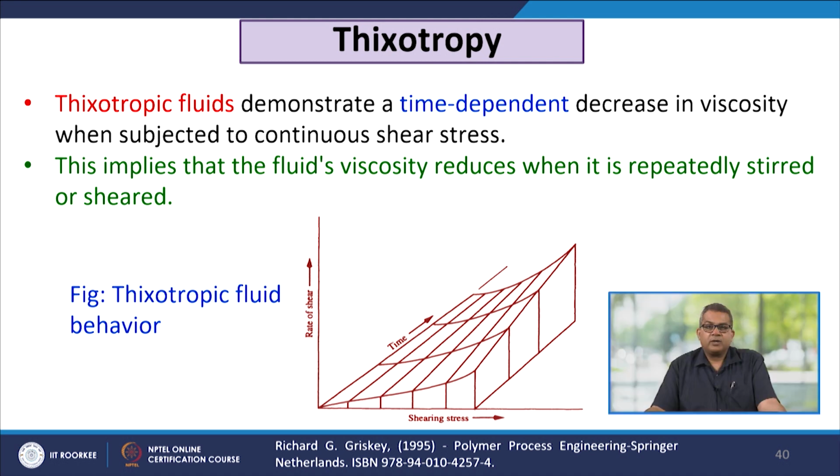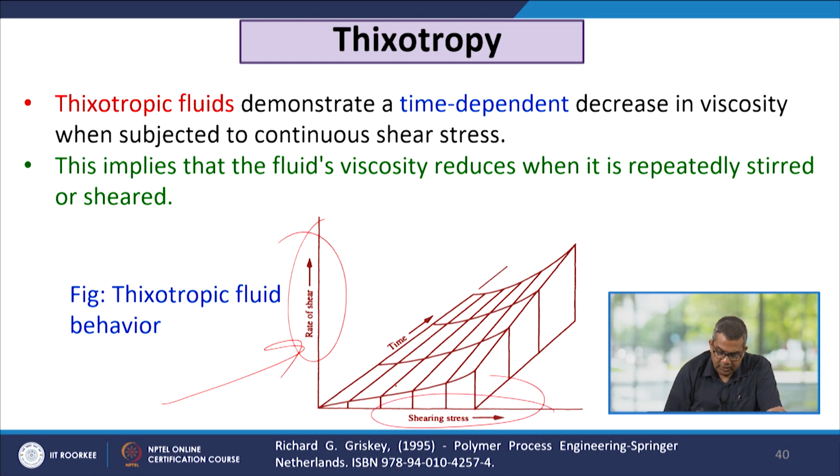Let us talk about thixotropy. Thixotropic fluids demonstrate a time-dependent decrease in viscosity when subjected to continuous shear stress. This implies that the fluid's viscosity reduces when it is repeatedly stirred or sheared. This represents the thixotropic fluid behavior. This is plotted with the shear stress versus rate of shear, and this is the time dependent model.